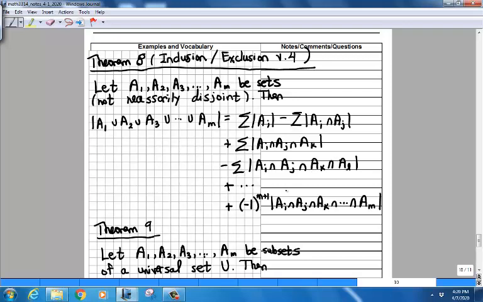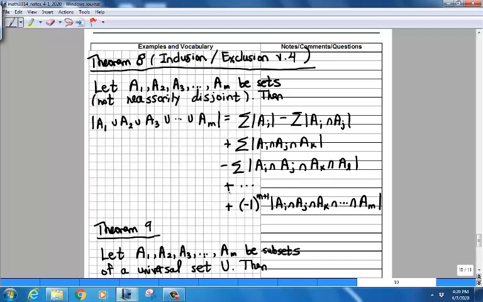And then you just continue that inclusion-exclusion pattern. Cardinalities of the individual sets, subtract off the cardinalities of the pairwise intersections, add back in the cardinalities of intersections of 3 sets at a time, subtract off the cardinalities of the intersections of 4 sets taken at a time, and so on and so forth.